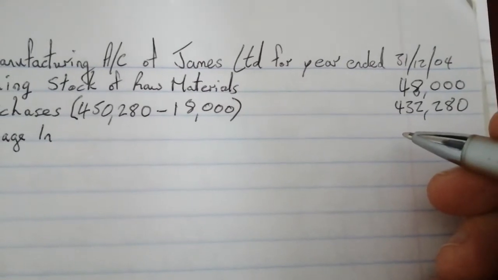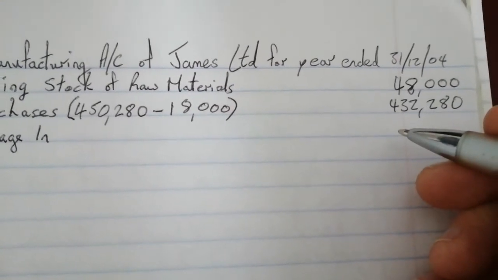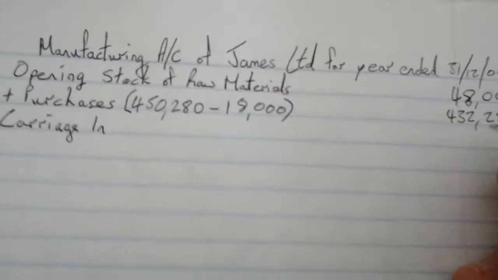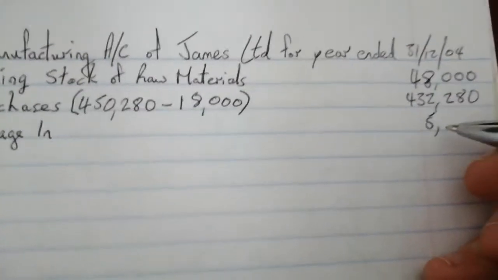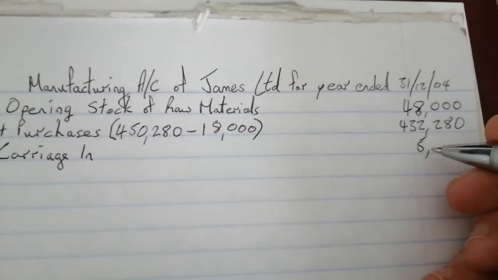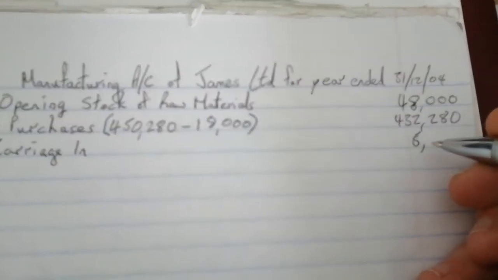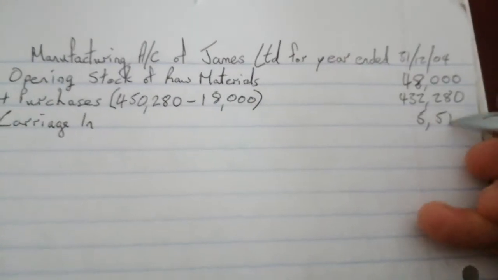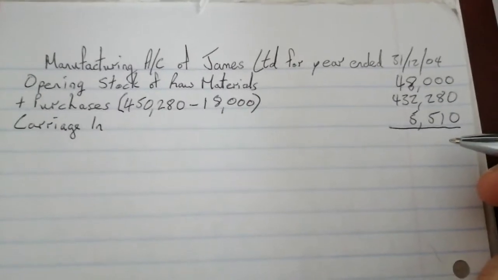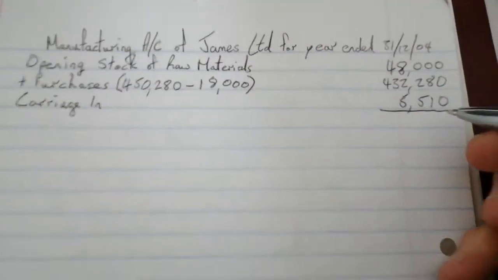It was transporting the goods into our factory, that's why it's carriage in, but it really isn't important to include that word when we're doing the question, as long as you recognize it was on the debit side and it was an expense. 5510. Okay. So we're going to add those all together and then subtract our closing stock.